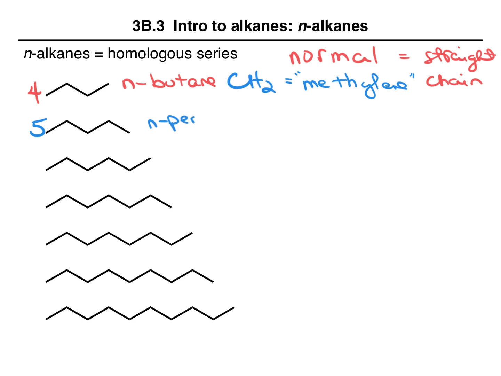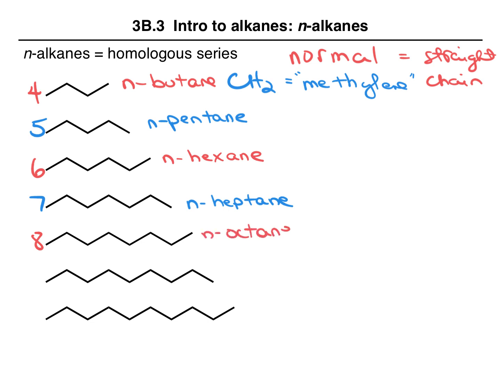This is N-pentane. 6 carbons, N-hexane. 7 carbons, N-heptane. 8 carbons, N-octane. 9 carbons, N-nonane. And 10 carbons would be N-decane.